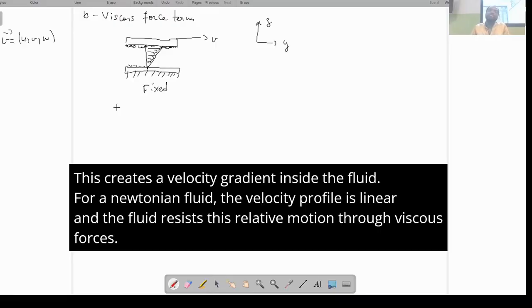Therefore, we can say viscosity is a measure of the resistance of a fluid to velocity gradients.